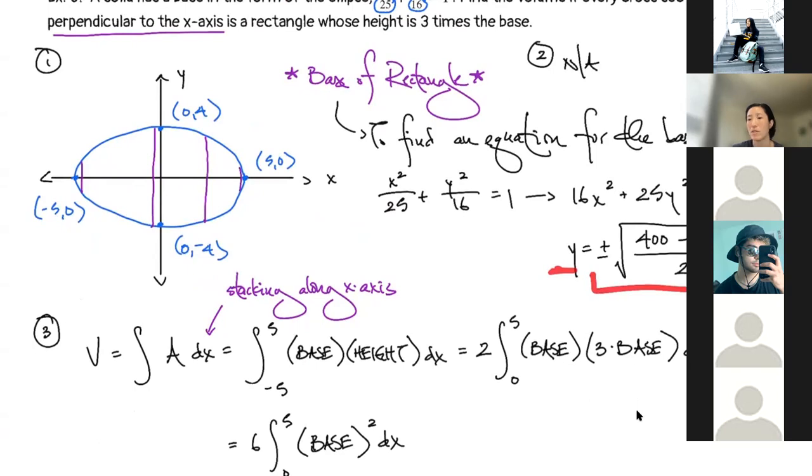How many equations did we actually find for y? We found 2. Okay. So in particular, the positive one talked about that part. The negative one talked about this part.